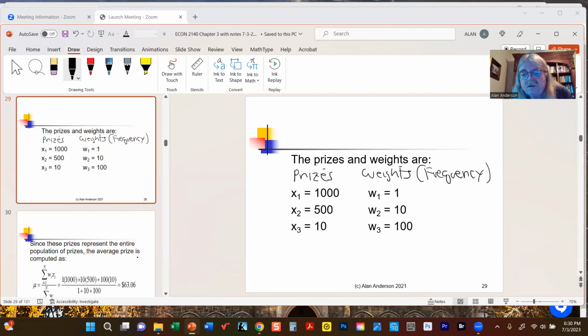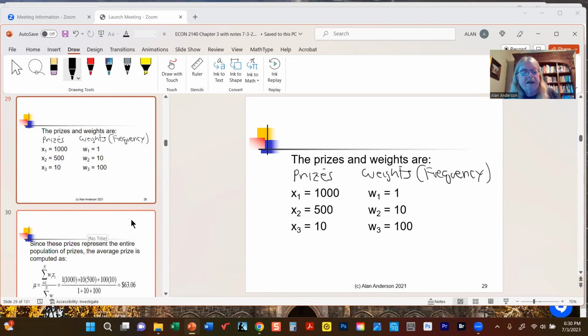So remember, we were told there's a single $1,000 prize, there's 10 $500 prizes, and 100 $10 prizes. Now we're going to plug these into our formula for the population. We're going to treat this as a population because this represents all the prizes for the lottery. But it makes no difference to our calculations whether it's a sample or a population. So let's do it.